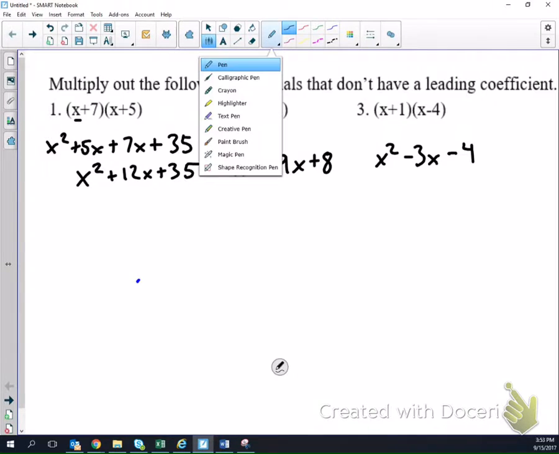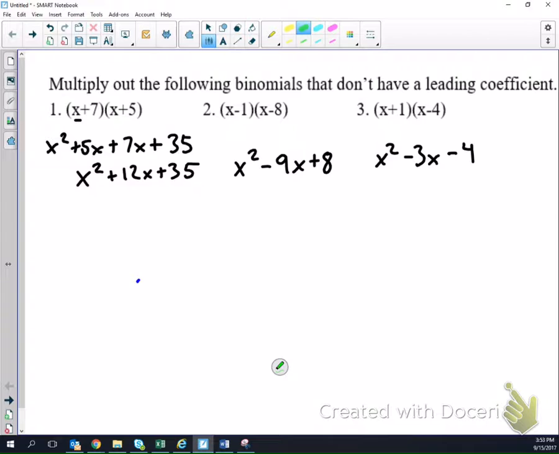Now what I want to talk about is some of the things we can see from what we just did, what they tell us about the original factored expression. So first and foremost is this sign right here. In both of the first situations, that's a plus, and in the second one, it's a minus.